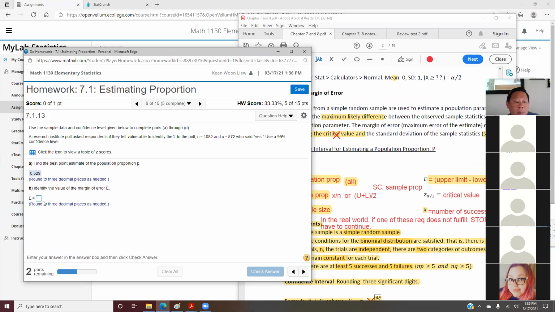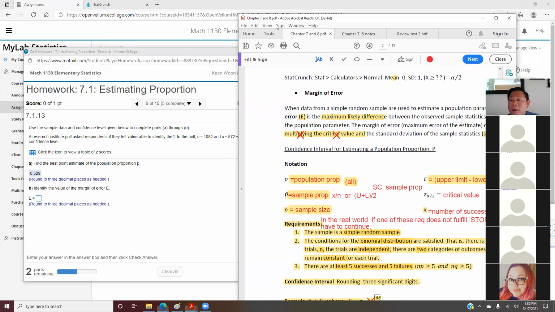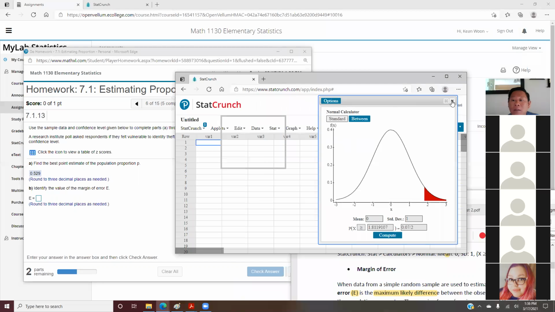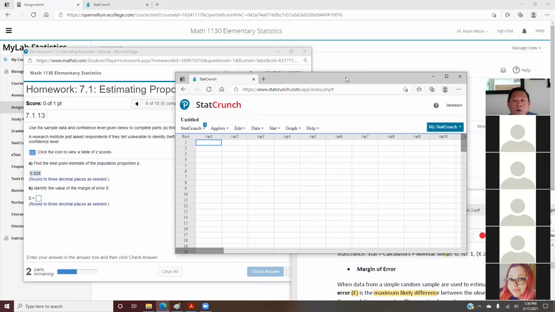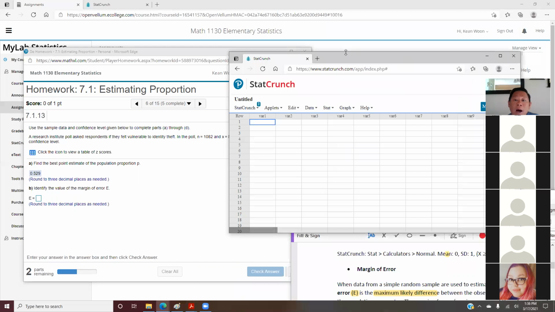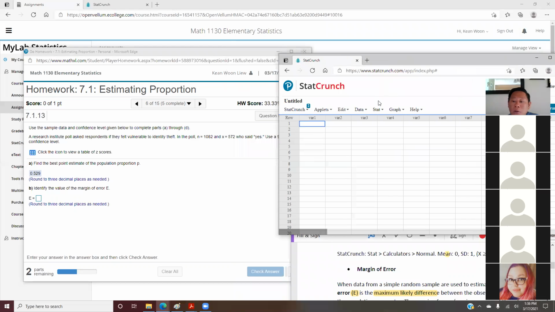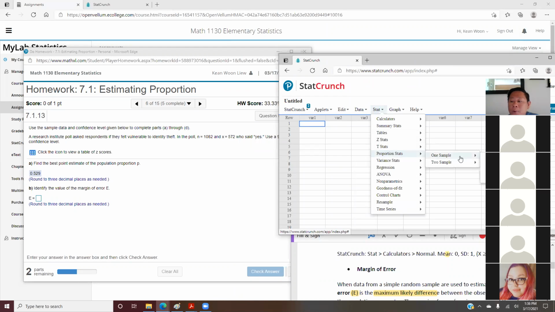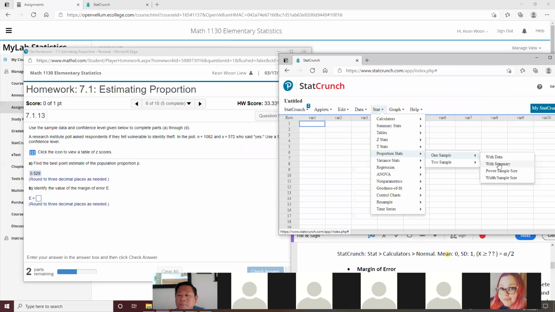Now, how do you find your margin of error? Because it's upper minus lower, right? But we did not have the interval yet, so we do the interval first. So how do we do the interval? You go to Stat, Proportion Stats, One Sample with Summary.